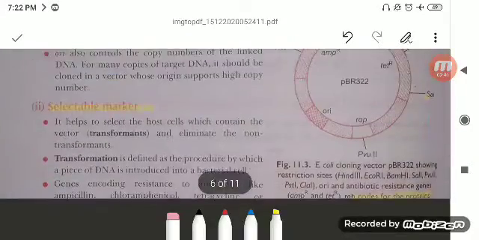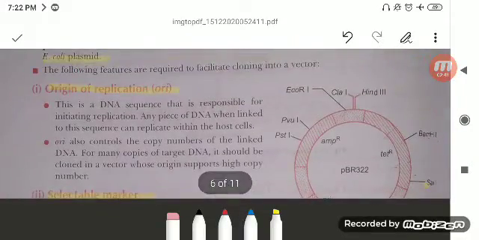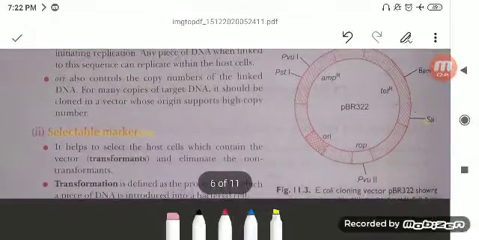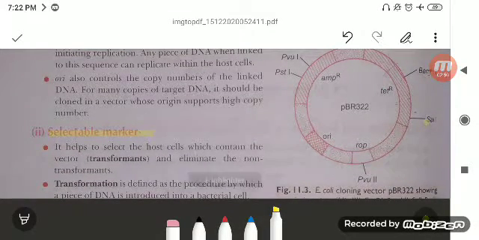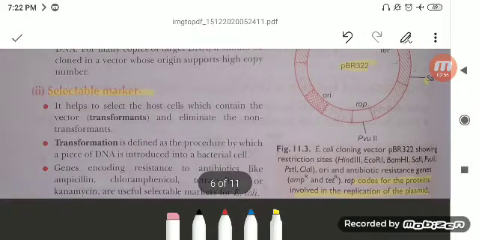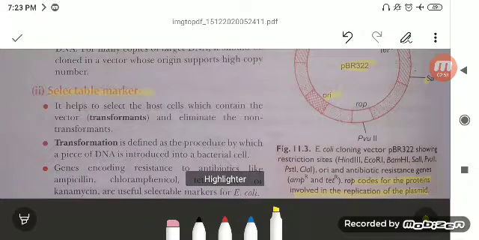First, before we discuss one by one, have a look at the artificially synthesized plasmid, the cloning vector pBR322. It has the ORI, the origin of replication.